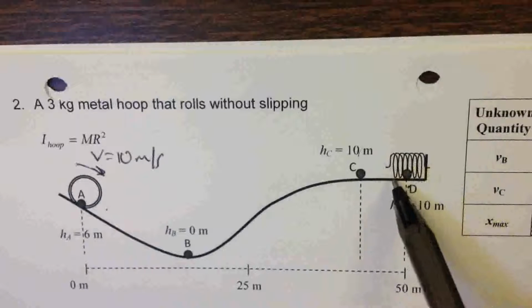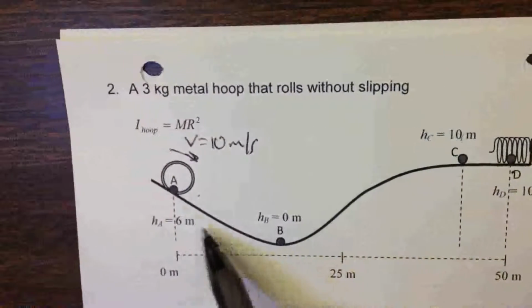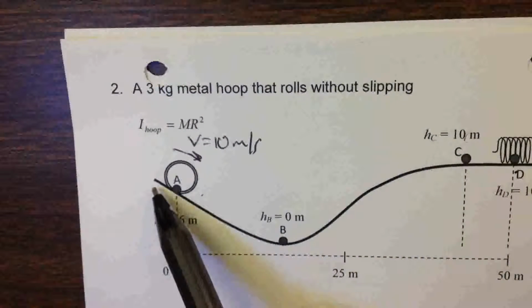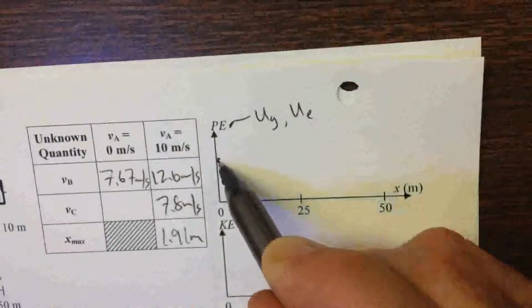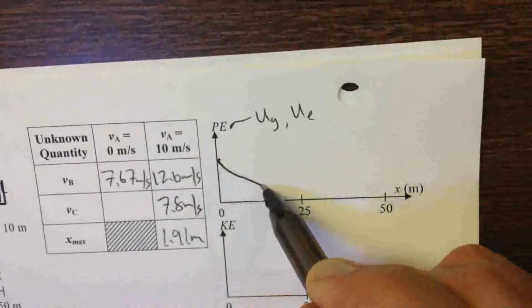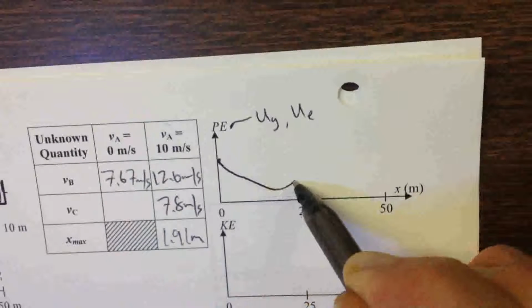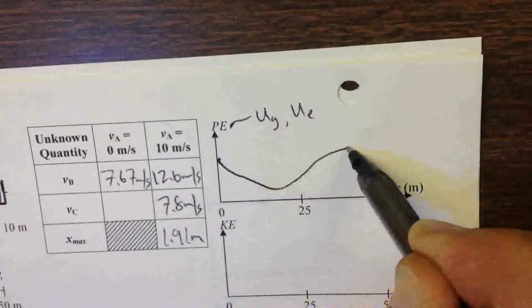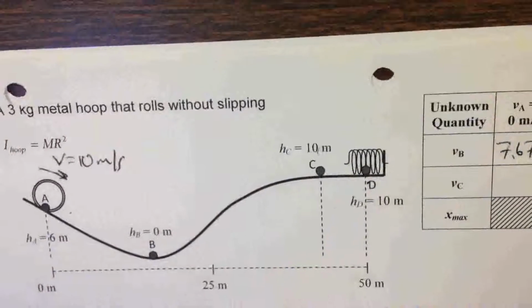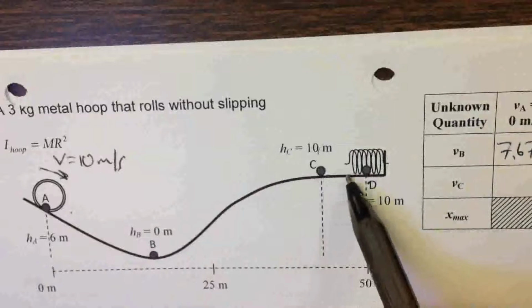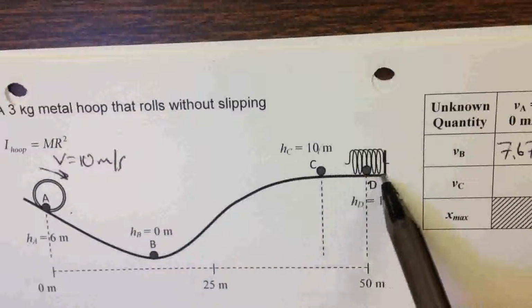But before that, potential energy only depends on the height of the ramp. So potential energy should just follow that height. It comes down, not quite to 0, and it goes back up before 25. It goes to a higher height. And a little bit before 50, something happens. The gravitational potential energy stays the same because the height stays the same.